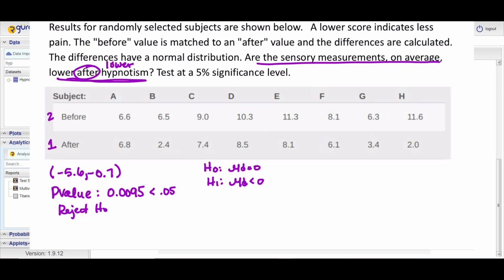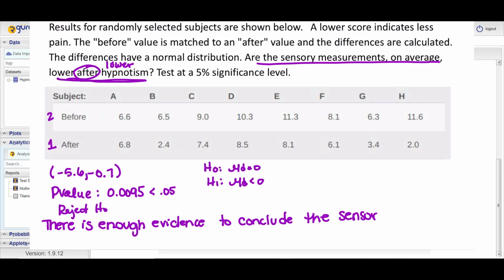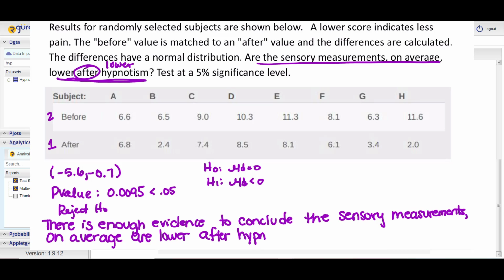We would say there is enough evidence to conclude the sensory measurements on average are lower after hypnotism.